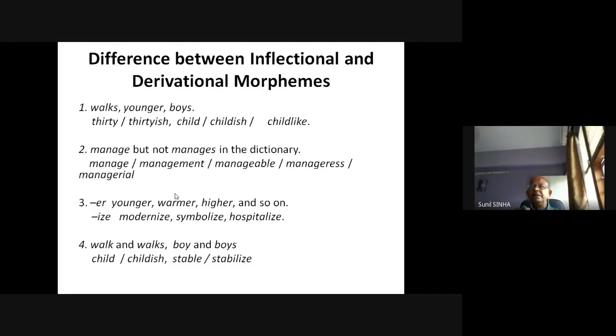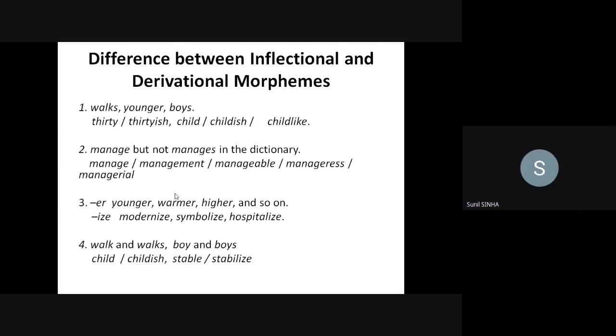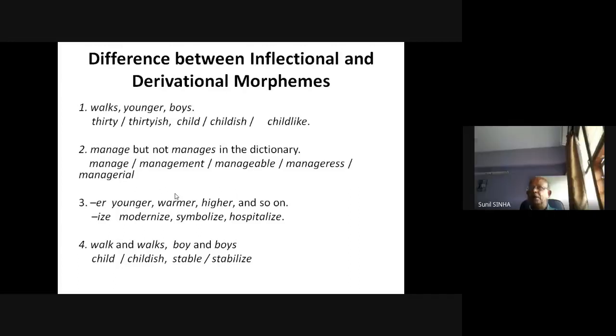But an inflectional morpheme does not create a new word, whereas a derivational morpheme like ment on manage, able on manage, ess on manager or ial on manager, they create new words.